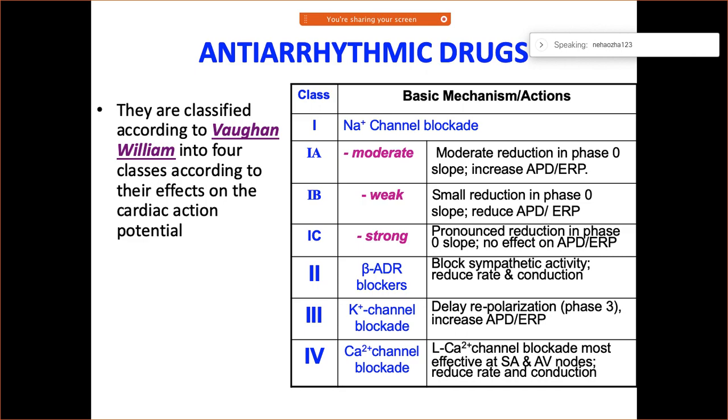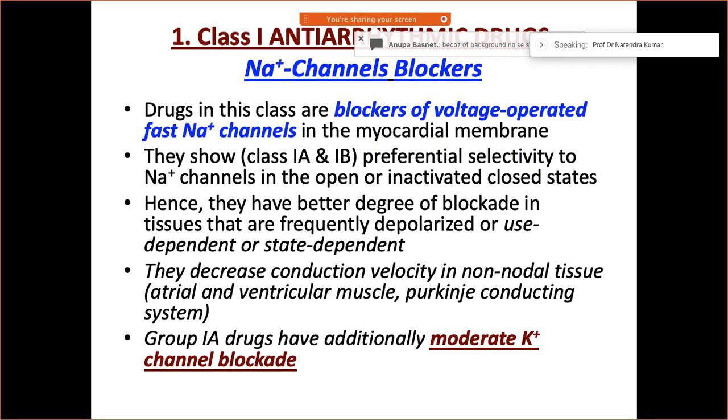Neha Ojha, can you mute your microphone? Calcium channel blockade, as I was telling you. Okay, so now let's have a look. Please ask the moderator to mute the microphone. Where is our moderator? Has she gone away already?